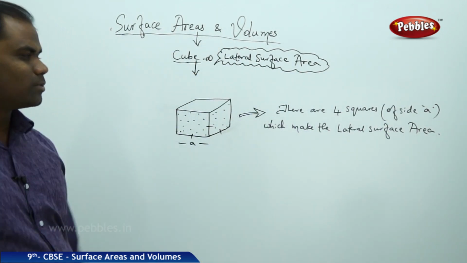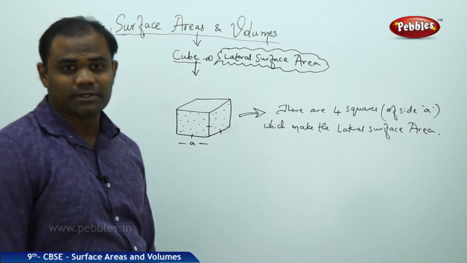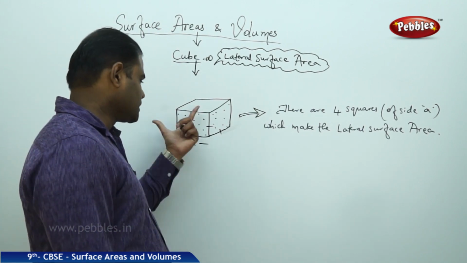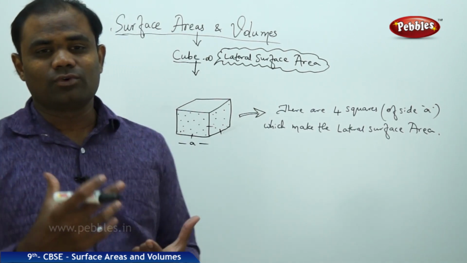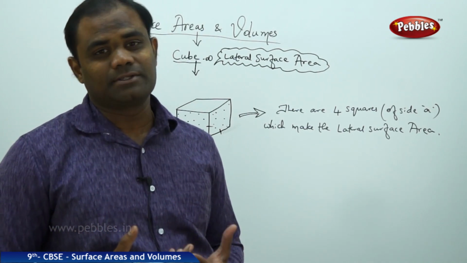Each square has the area A square. So 4 times A square would be the lateral surface area.